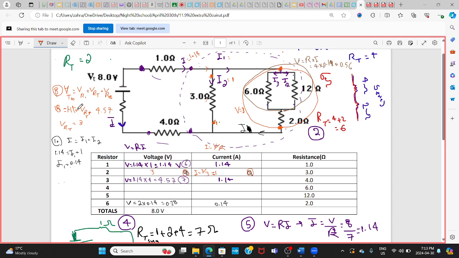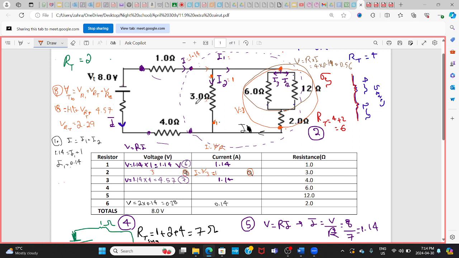I'm gonna calculate this. 8 minus 1.14 minus 4.57. Okay, it's gonna be 2.29.